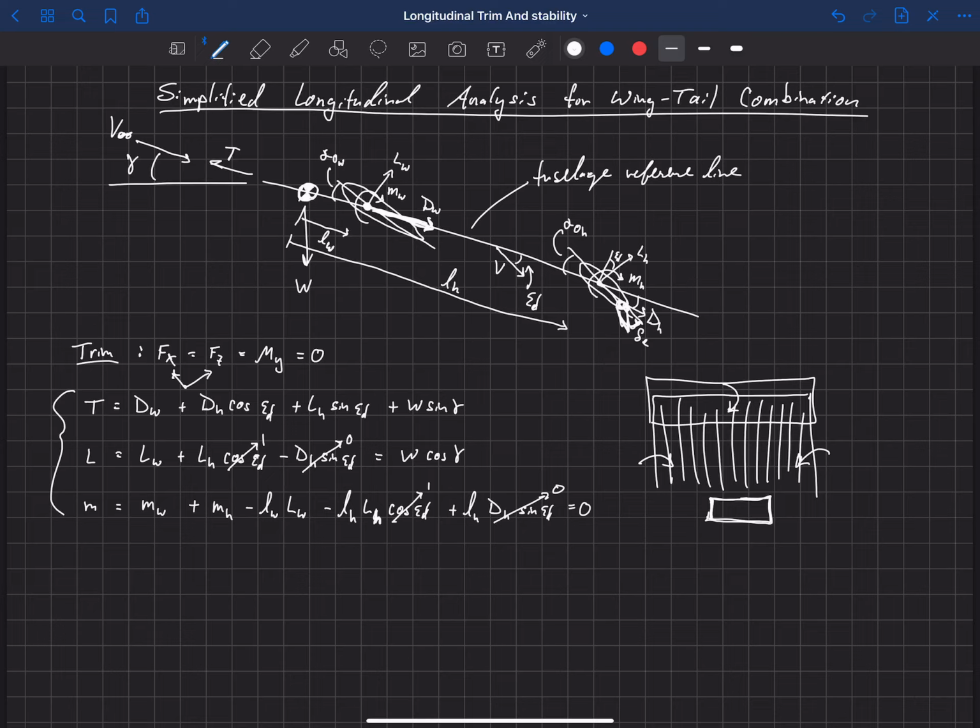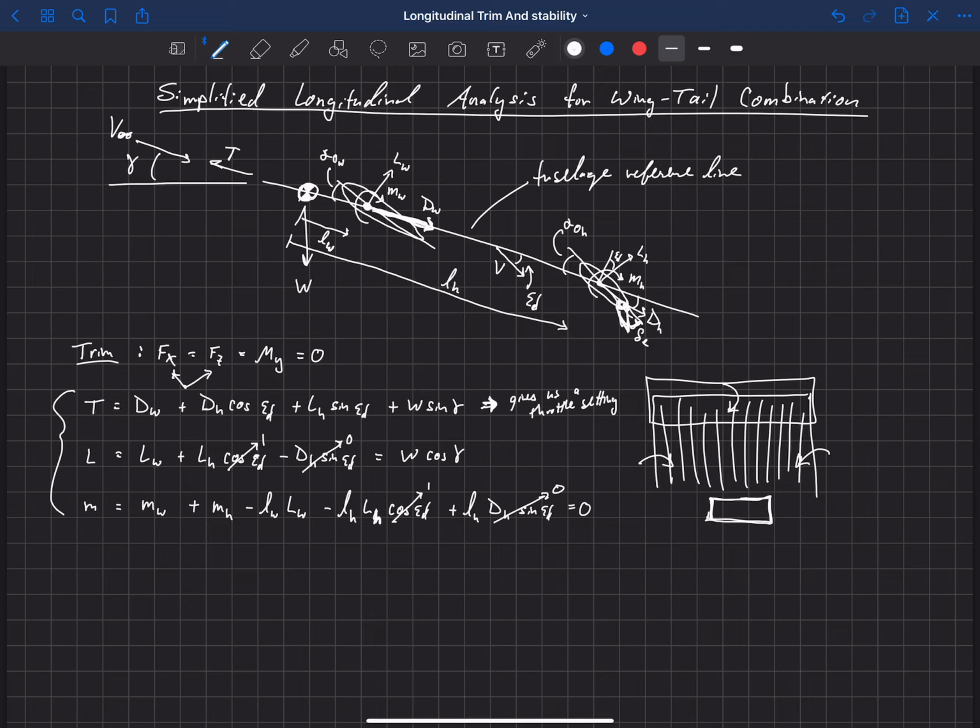And notice that I skipped over the thrust equation. We're actually not going to talk about the thrust equation really too much more, because all that the thrust equation would give us, if we could solve for the components in here, is what throttle setting we need in order to trim. So this basically gives us a throttle setting to trim.